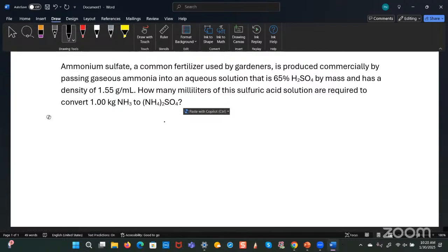All right, so again, the first thing you do is what? So what would be the reactants in this reaction, based on the information provided in the question? The ammonia into the sulfuric acid. Okay, so ammonia plus H2SO4. And the product will be what?